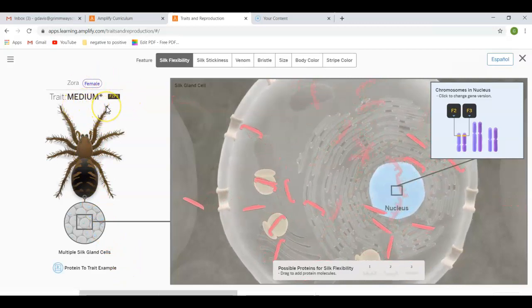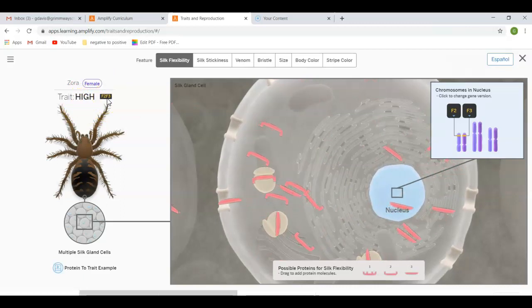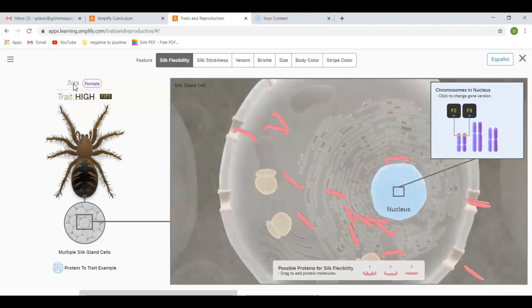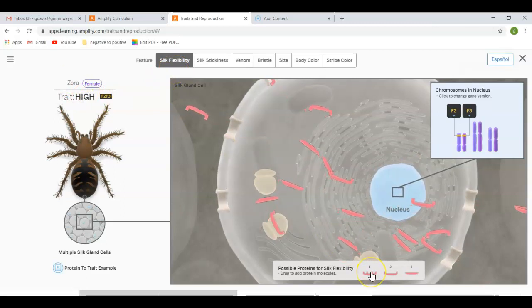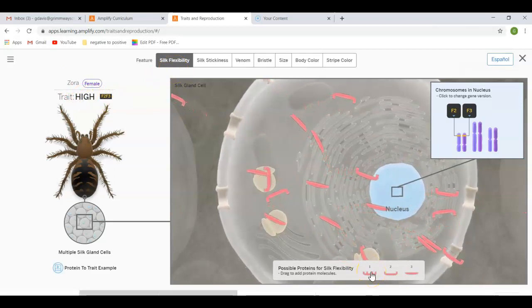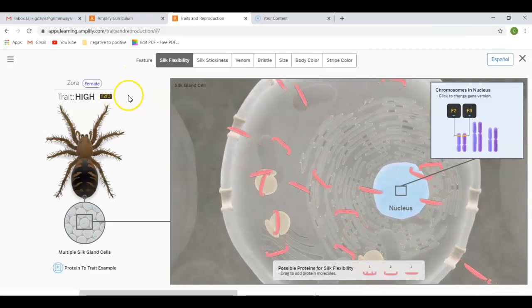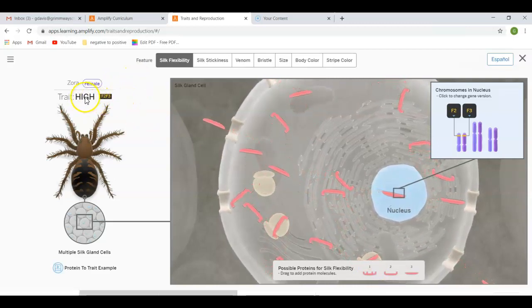So my trait is medium still, right? And now it's back to normal. Oh, so it switched to medium because see, she's at high right now. So Zora's Silk flexibility, when I added a number 1 protein, because Greg produced that, went from a high Silk flexibility to a medium Silk flexibility.